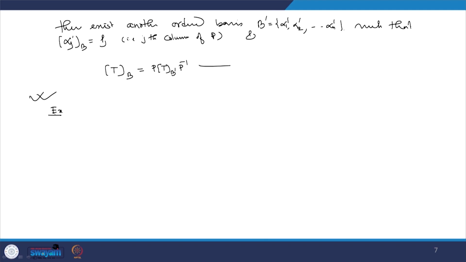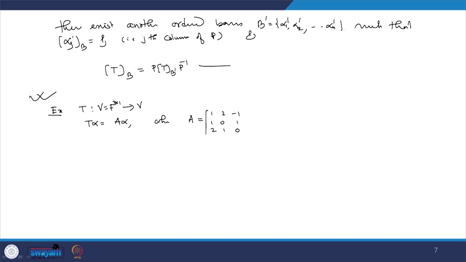Okay. So, let me consider T to be a linear operator on V, which is equal to F 3 cross 1, I mean the set of all 3 cross 1 column vectors over the field F. Now, this is a linear operator on V. Say T of any alpha is equal to A alpha, where A is 1, 2, minus 1, 1, 0, 1, 2, 1, 0.